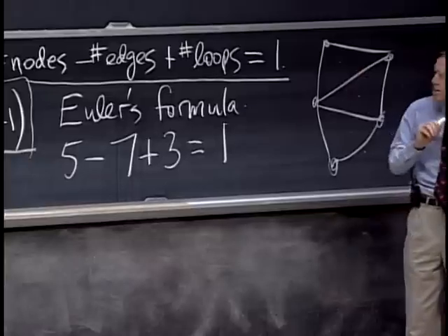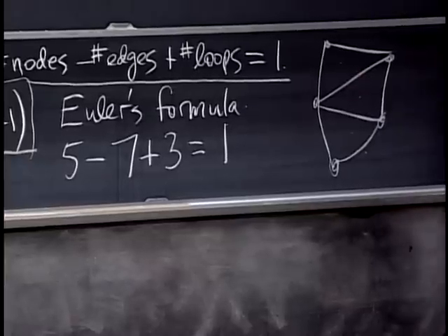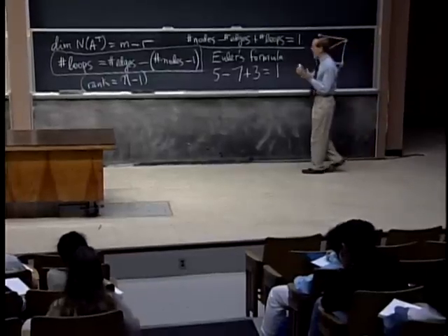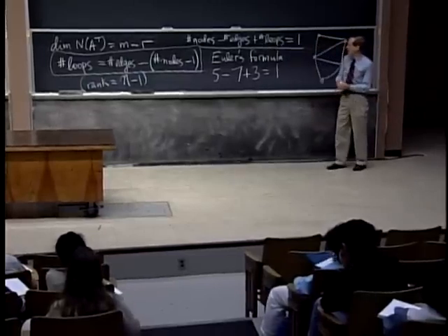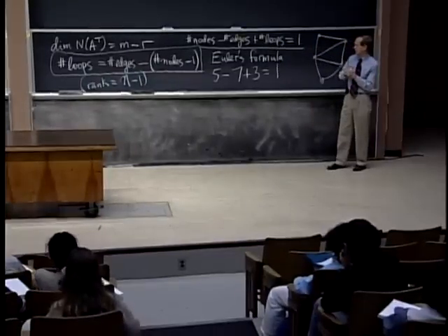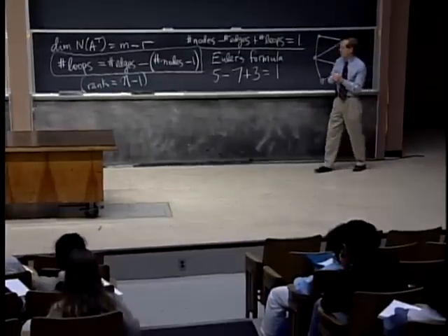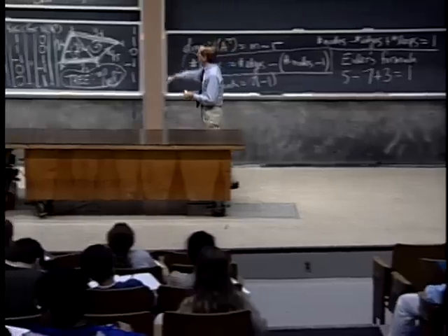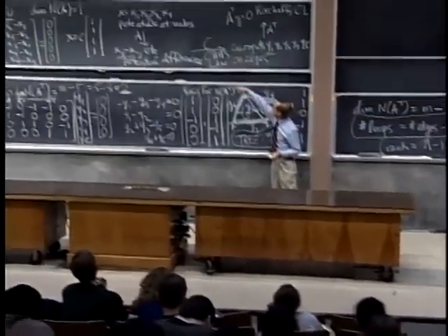This formula is extremely useful in understanding the relation of these quantities, the number of nodes, the number of edges, and the number of loops. Okay, just complete this lecture by completing this picture, this cycle.